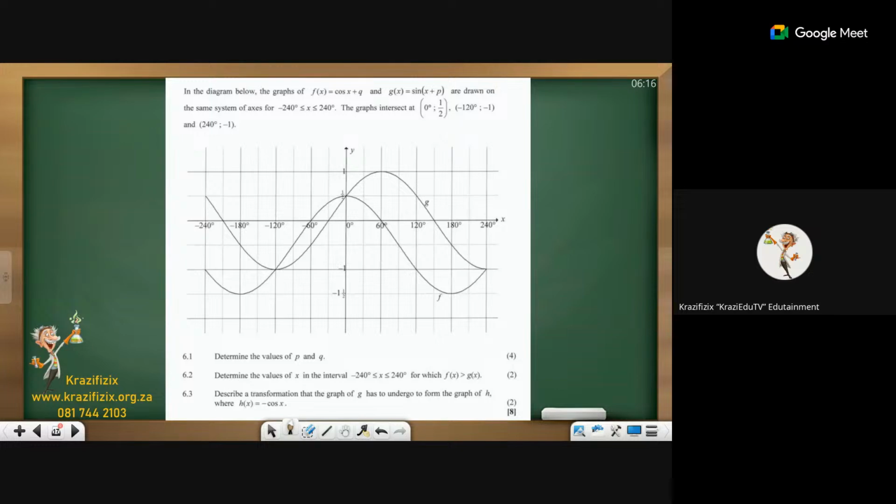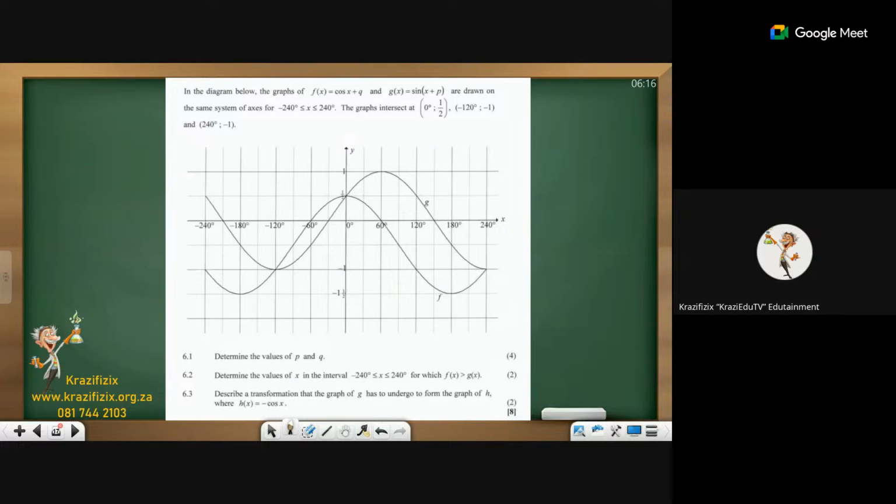In the diagram below, the graph of f of x equals cos x plus q, and g of x, take note of the graph g and f are drawn on the same system, with domain -240 to ... The graphs intersect at 0, half. Determine the values of P and Q. Sweet marks here, guys.